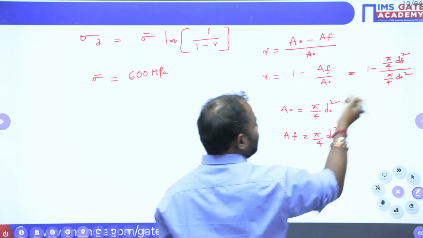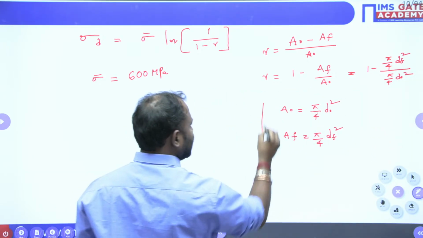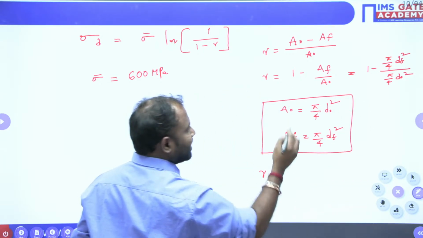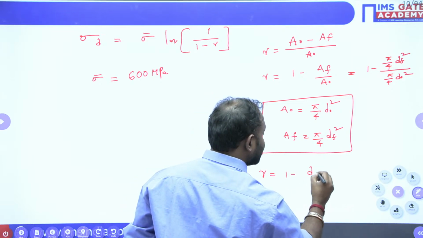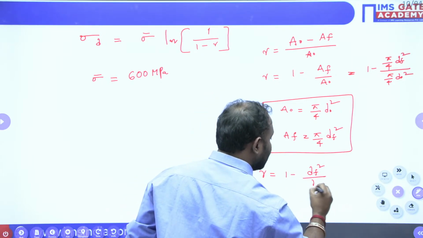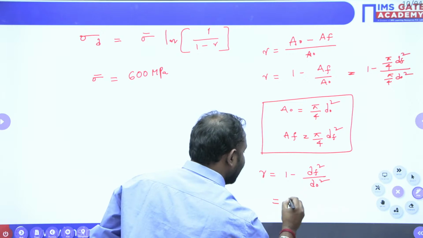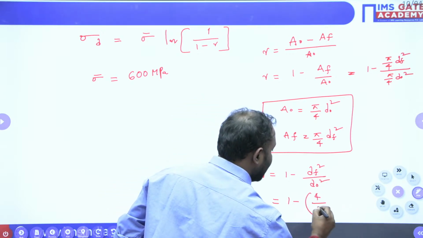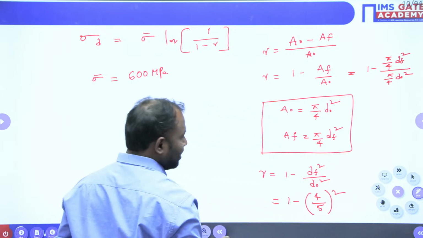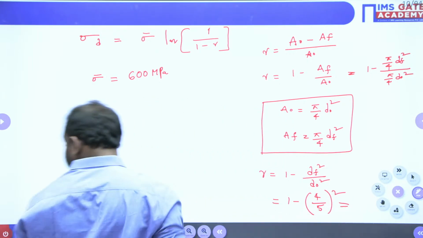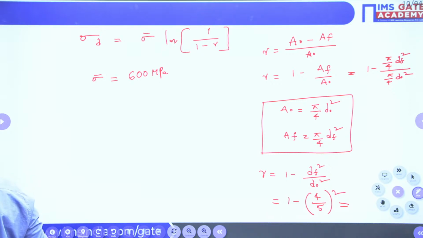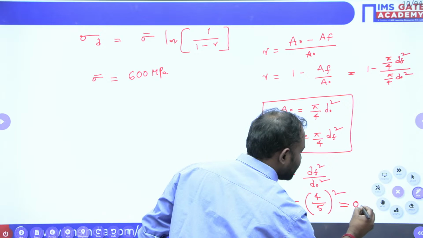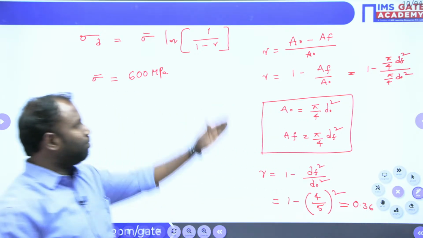So R equals 1 minus DF square by D0 square, which is 1 minus 4 by 5 whole square. So I am going to get R equal to 0.36.